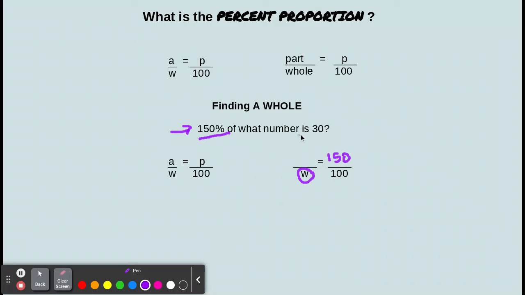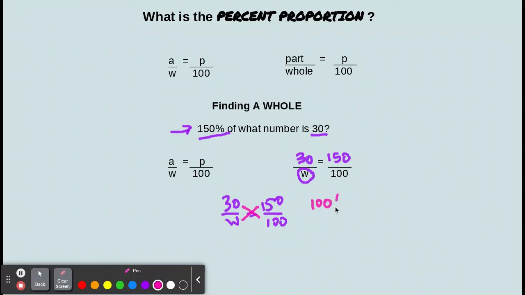And here's the part, 30, right? 150% of what number W is 30. So again, we can rewrite this as 30 over W equals 150 over 100. And on this one, we will use our cross product to help us solve it.